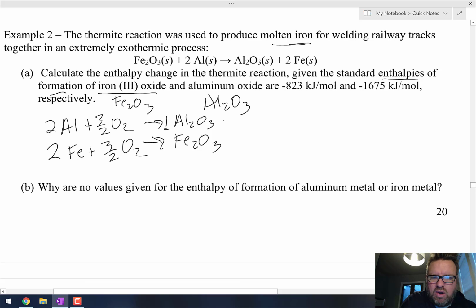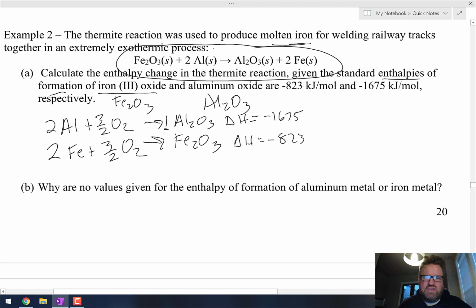Okay, and we know that the enthalpy change for this reaction is, let's see, so the aluminum one, it looks like, is negative 823, and the aluminum one, the iron one is negative 823, and the aluminum one is negative 1675. Okay, and now we can take those 2 equations and we need to turn it into this equation here.